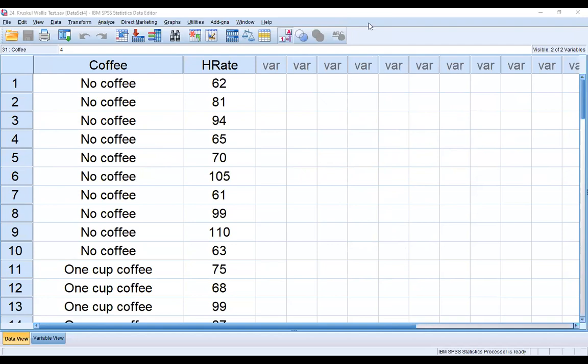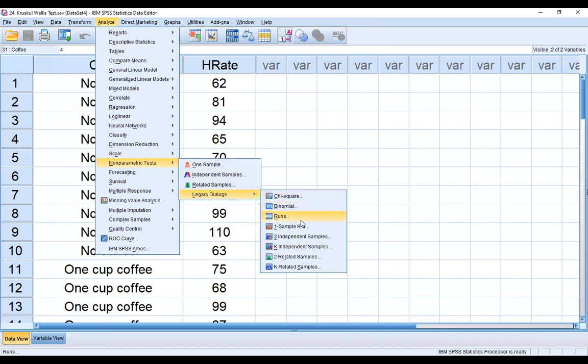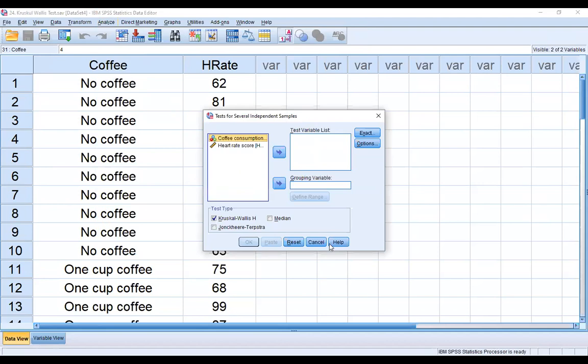I am performing the Kruskal-Wallis test: Analyze, non-parametric test, and K independent samples. K independent means many samples, more than 2 independent samples. Again, you can see here: Analyze, non-parametric test, legacy dialogs, and K independent samples.